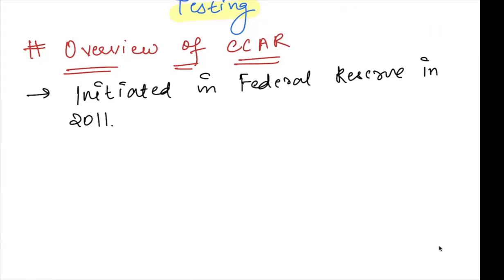So that's why they need to do capital planning, stress test the models or whatever they have in their portfolio, and then perform qualitative and quantitative review. After the financial crisis, these were some of the observations that were highlighted, and that's why these two different frameworks were developed, CCAR and DFAST. The end goal was to understand if the bank is able to sustain in difficult economic situations. So this was initiated by the Federal Reserve in 2011.